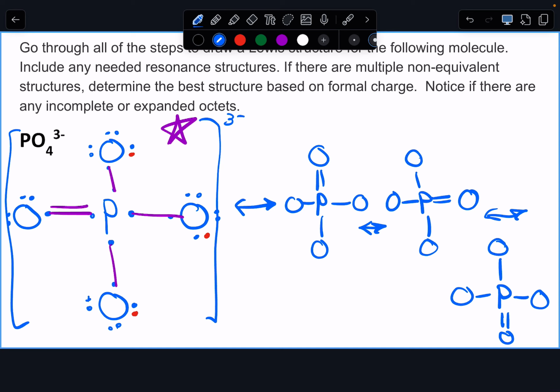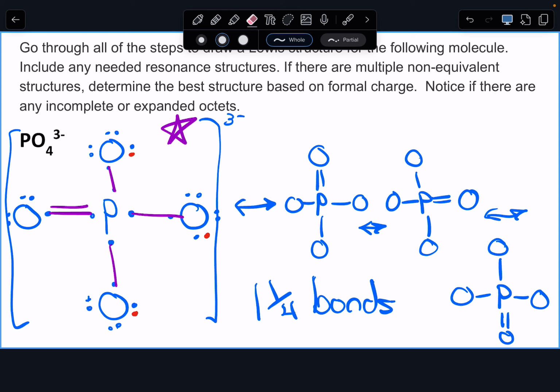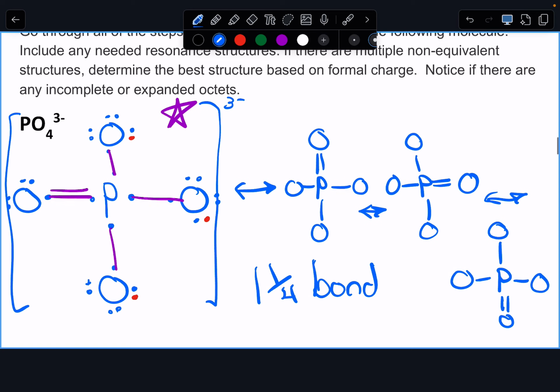All right, so another way of saying that is that each of those oxygens looks like it has 1 1/4 bonds. When we talk about the number of bonds, we say bond order. So a single bond would just be a bond order of 1, a double bond would be a bond order of 2. It's most useful when we're talking about things that aren't a whole number.